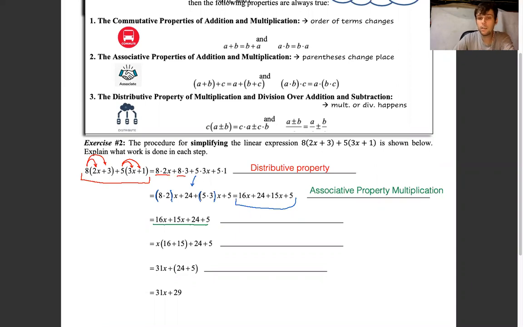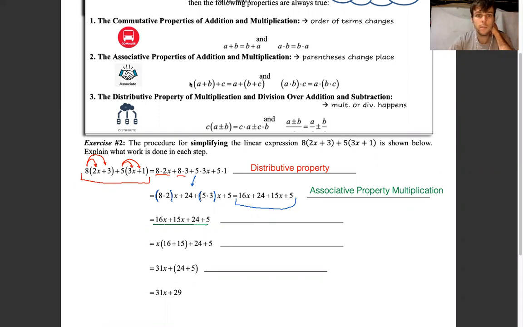The 16x. So hopefully you can see here that some of the terms have switched places. I guess it looks like these two here, the 24 and the 15x, have switched places. So if we're changing the order of terms, that is called the commutative property.